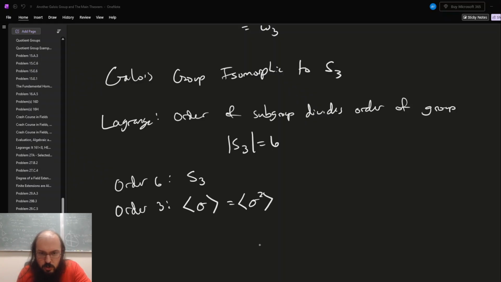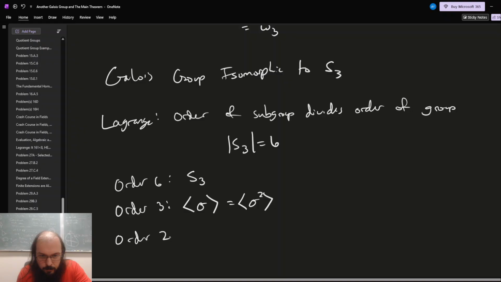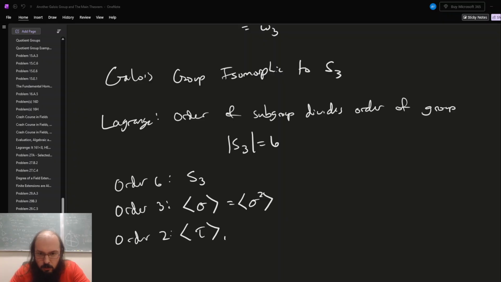For order 2 subgroups, these are also cyclic groups. These have to be generated by some kind of transposition. And so we know one such transposition, namely tau.